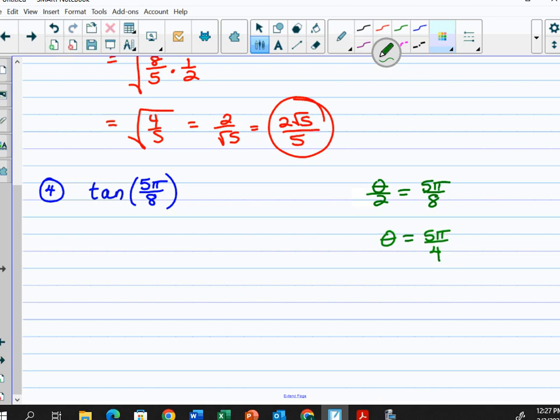So 5 pi over 8 would be somewhere in here. So in the second quadrant, is tangent positive or negative? If the tangent of 5 pi over 4 is negative, then where do we go from here?